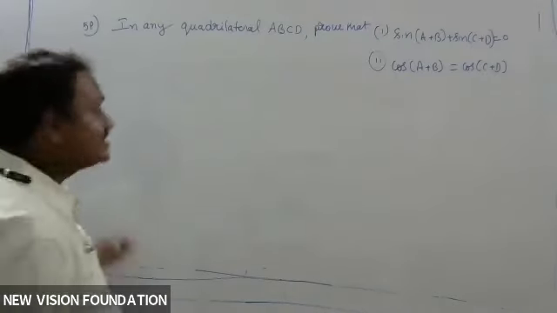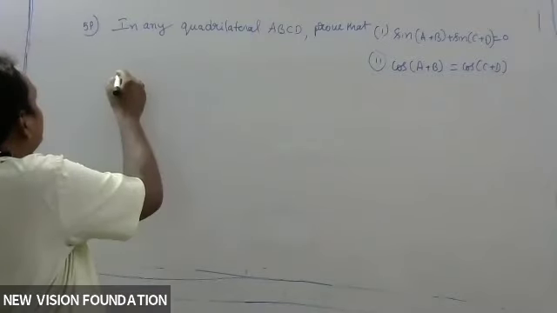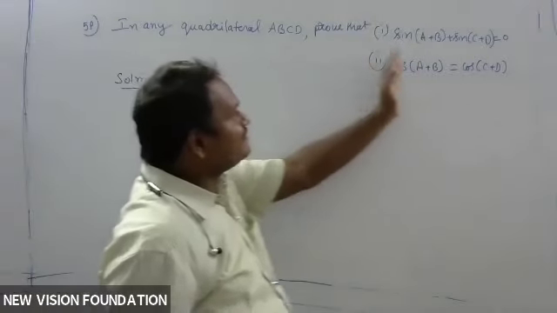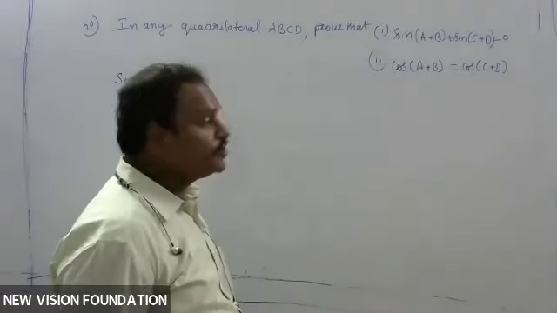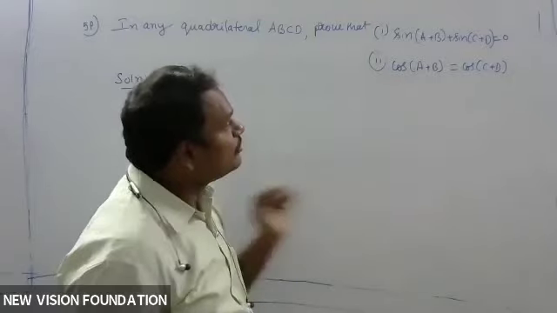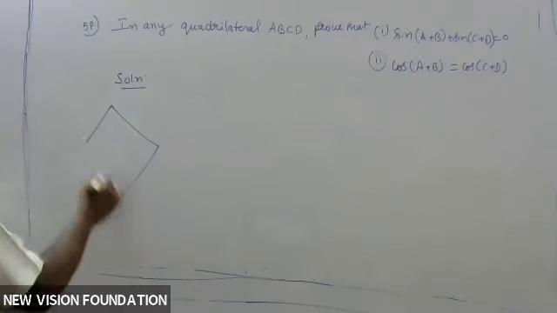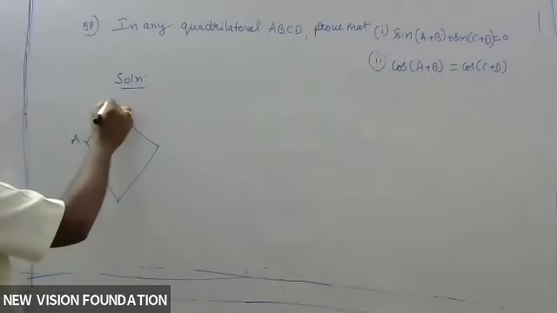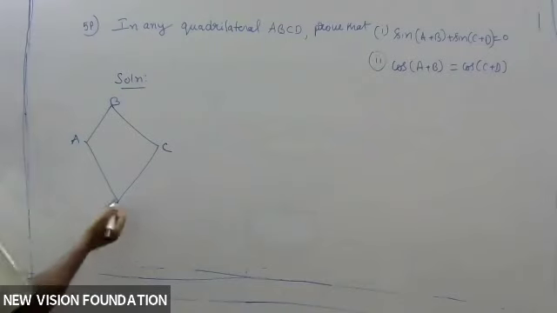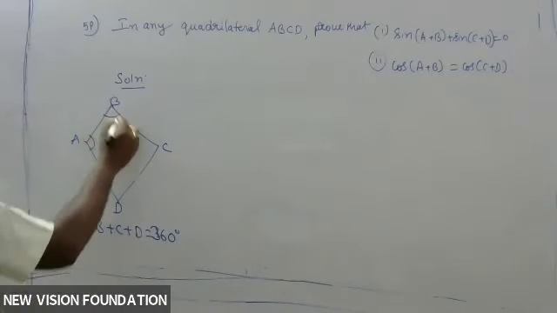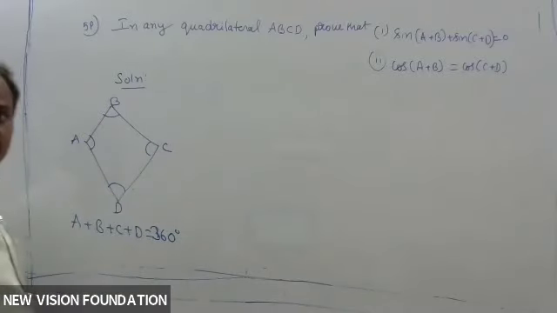Now, dear students, another important problem we have here. We need to prove that in any quadrilateral ABCD, sin of A plus B plus sin of C plus D equal to 0, and another one, cos of A plus B is equal to cos of C plus D. And you know, my dear students, if you take any quadrilateral ABCD, the sum of all the four angles A plus B plus C plus D is equal to 360 degrees.